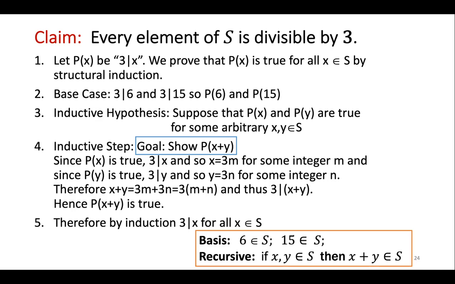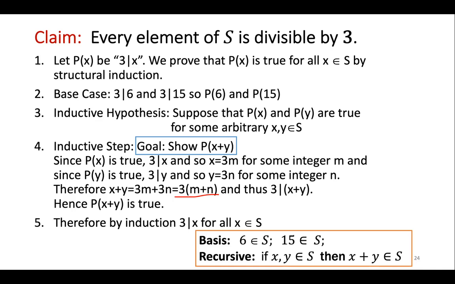Therefore, applying x plus y, that will be 3m plus 3n, and this can be written as 3 times the quantity m plus n, and this is a multiple of 3.